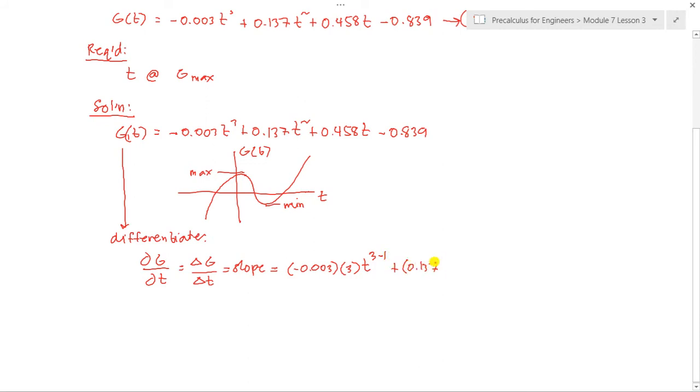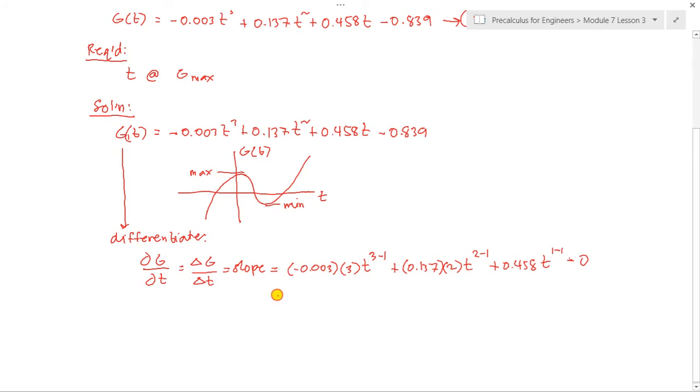So 0.137 multiplied by 2, then t raised to 2 minus 1, then plus 0.458, then t raised to 1 minus 1. And since the constant has no variable, the derivative of any constant is 0. So that is minus 0. Again, if it is a constant, its derivative is 0.